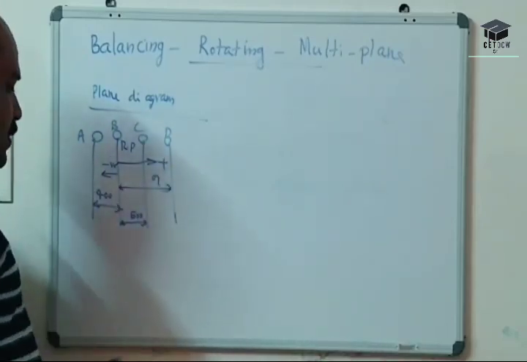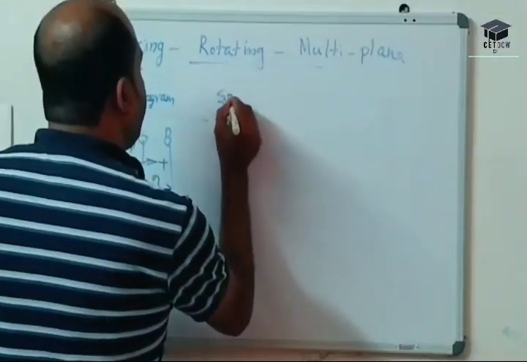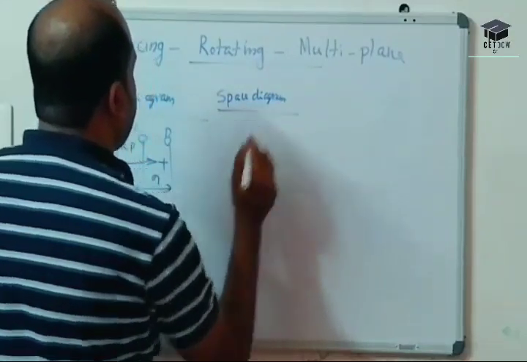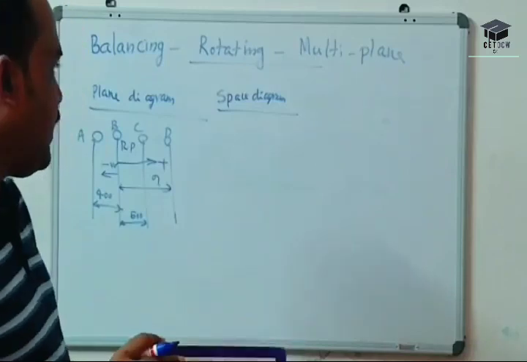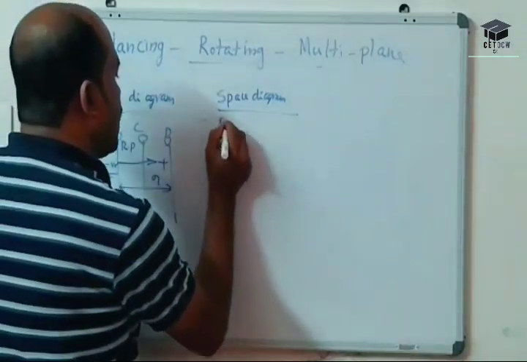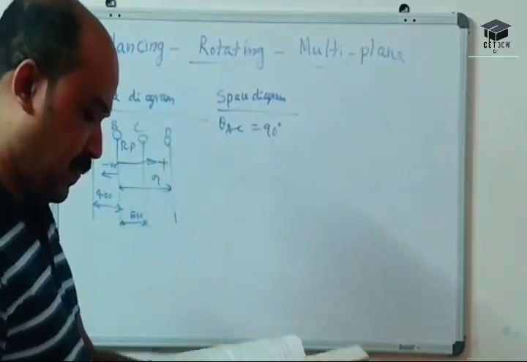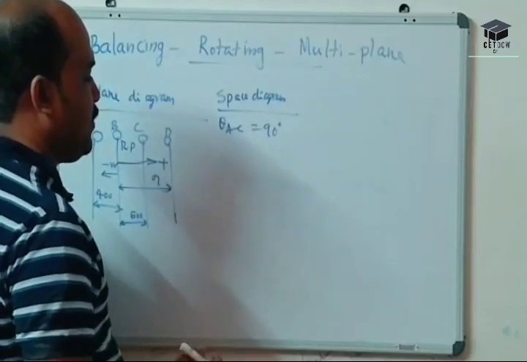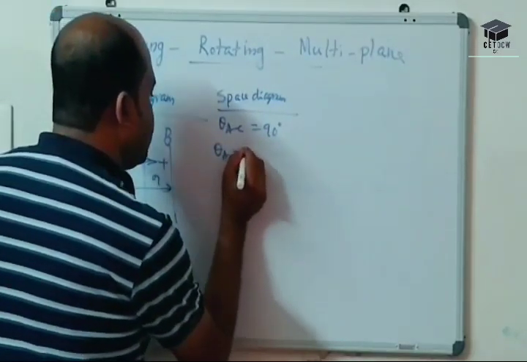That is the plane diagram. Next we can draw the space diagram. In the space diagram we will consider the angles also. Here the angle between A and C is 90 degree. Theta AC is 90 degree. This is the only given angle. This is the relative angle between A and C. So you can fix theta A as 0.